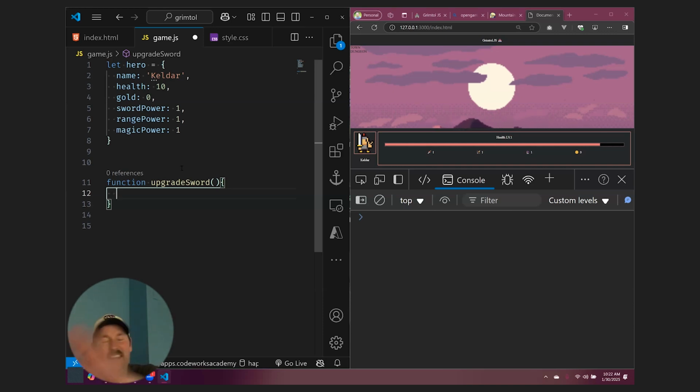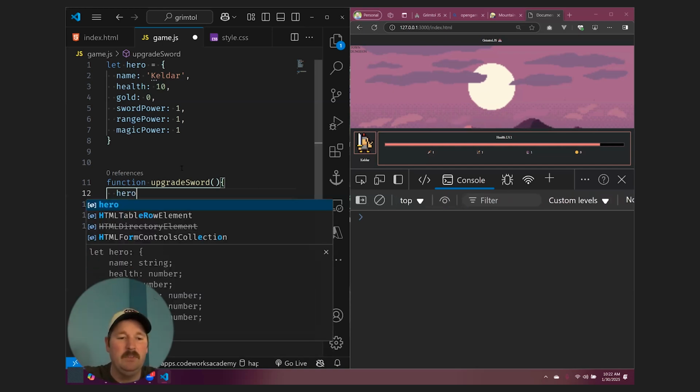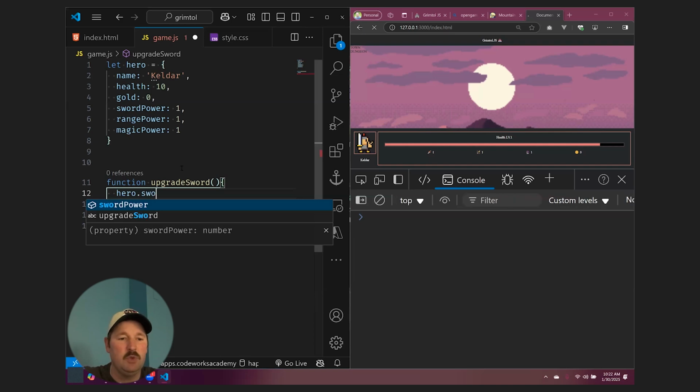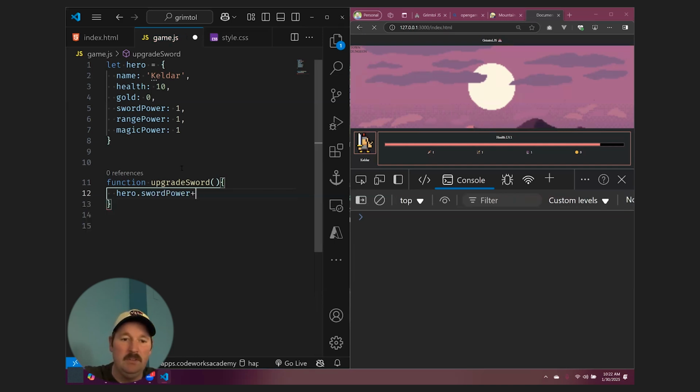Before we worry about any other checks, before we worry about, do you have enough gold? Do you have any of that other stuff? I don't care about any of that. I just want to say my hero dot sword power. Let's make it go up.